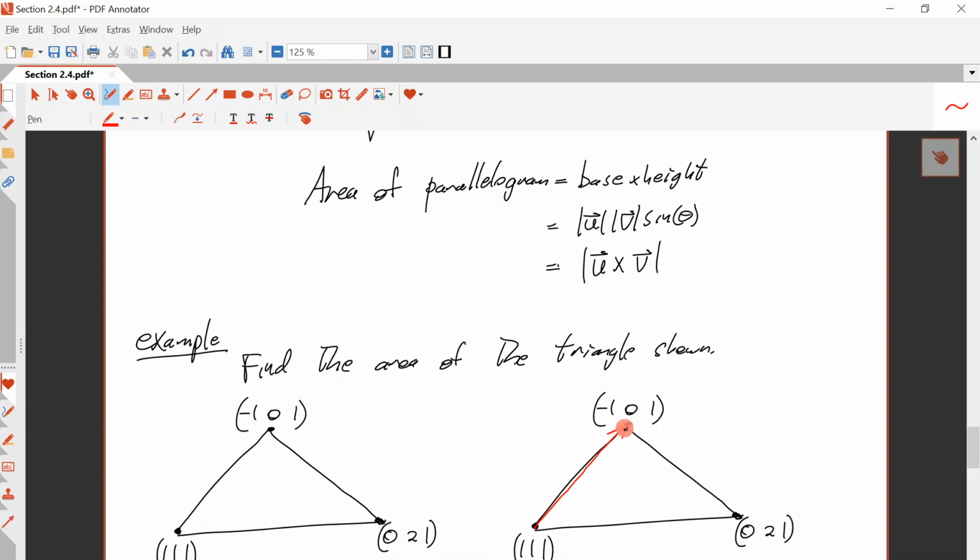So this vector, head minus tail, is minus 2, minus 1, 0. This vector, head minus tail, is minus 1, 1, 0.